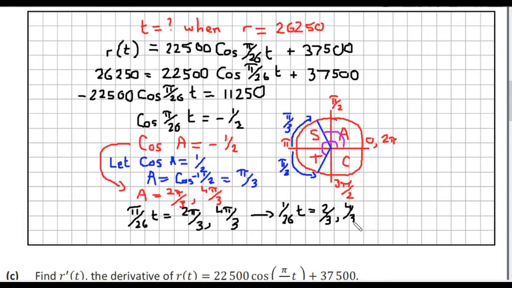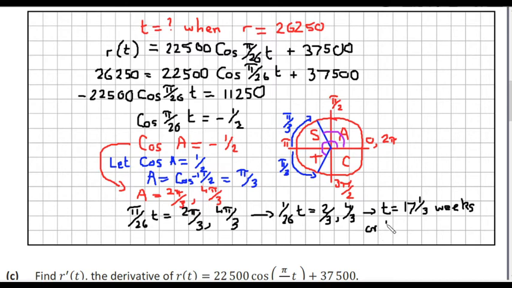So then multiplying across by 26, that's going to mean that t can equal, so when you multiply that by 26, you're going to get, well, it's going to be 52 over 3. So 52 over 3 would be the same thing as 17 and a third. So 17 and a third weeks. So that is one time when the revenue will be that 26,250 figure.